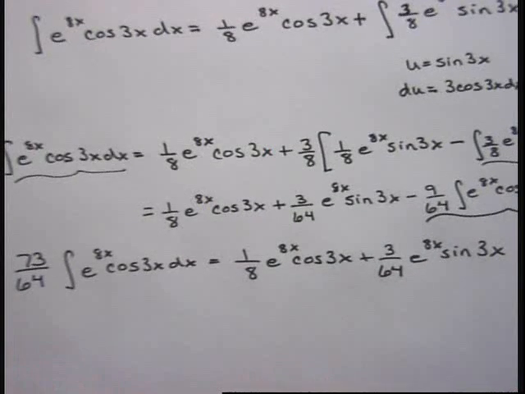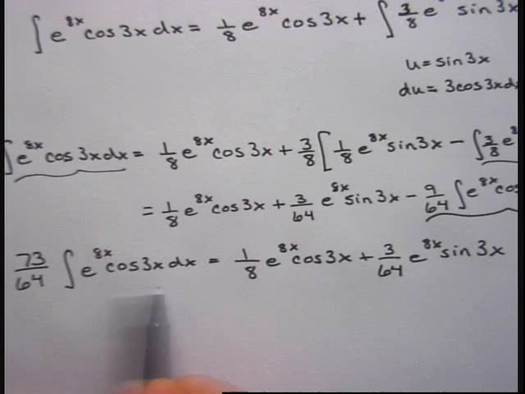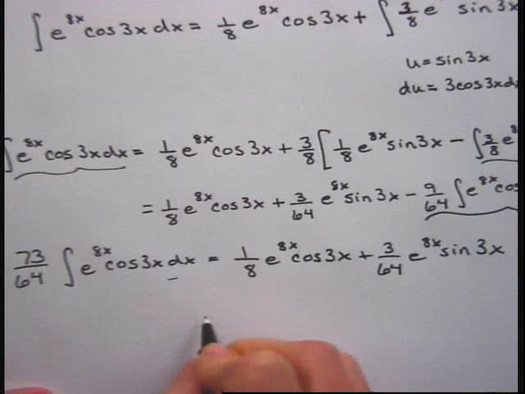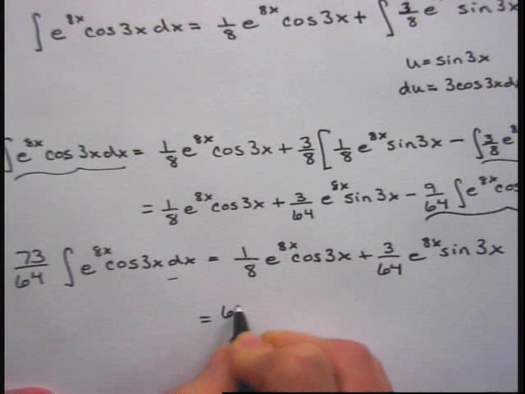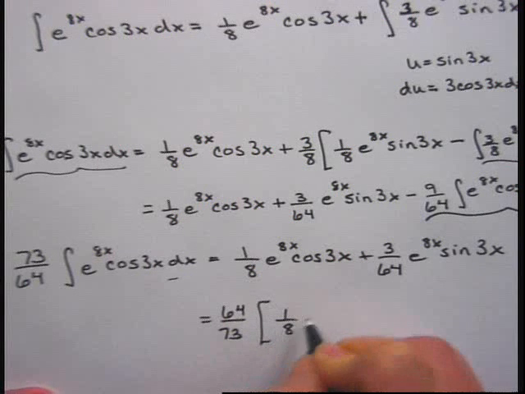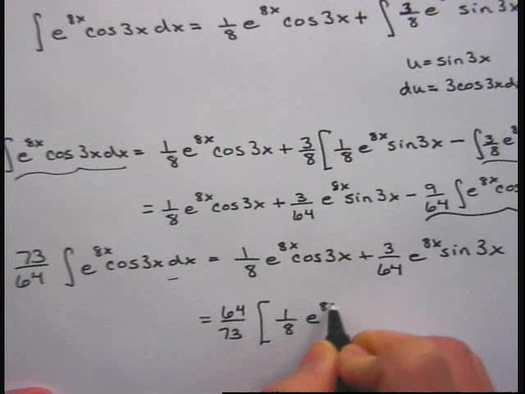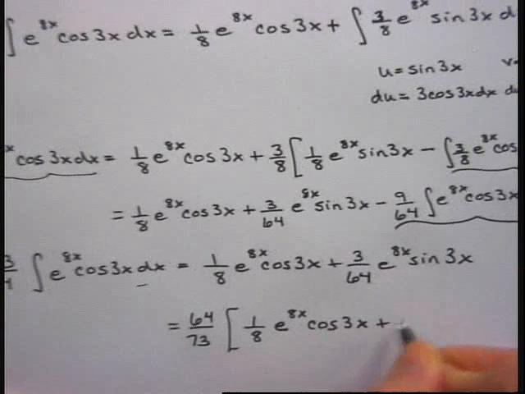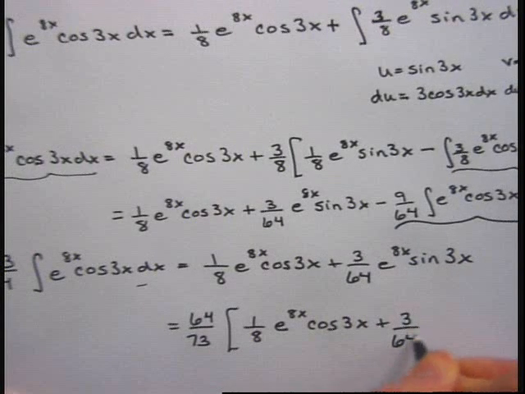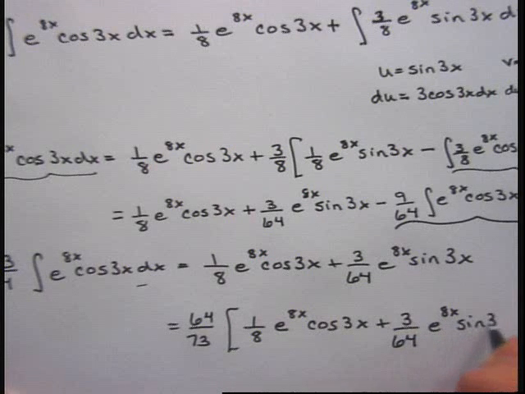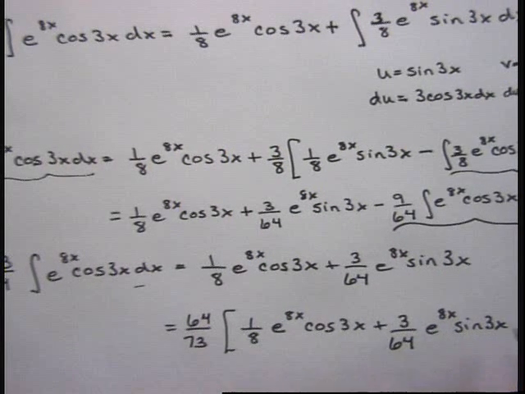And so then in order to solve for this, which is what you're looking for, you just multiply by 64 over 73 on both sides. And of course you have a plus c.